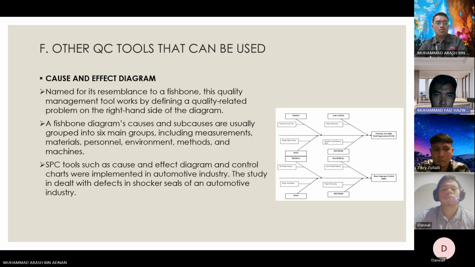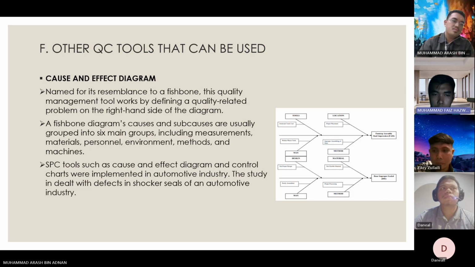Next, other QC tools that can be used. First, cause and effect diagram. Named for its resemblance to a fishbone, this quality management tool works by defining a quality-related problem on the right-hand side of the diagram.